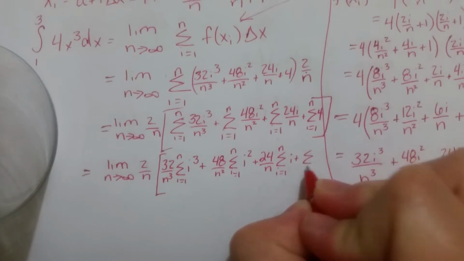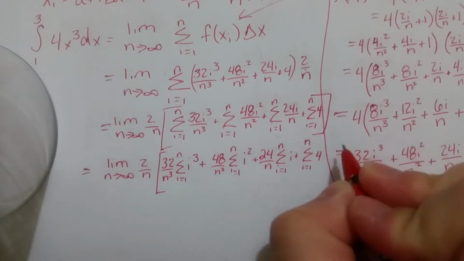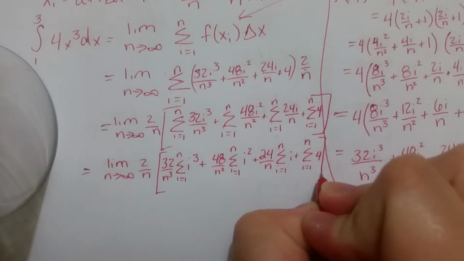And then this one, the sum of a constant, is also something that you still need to make sure you do the sum of.